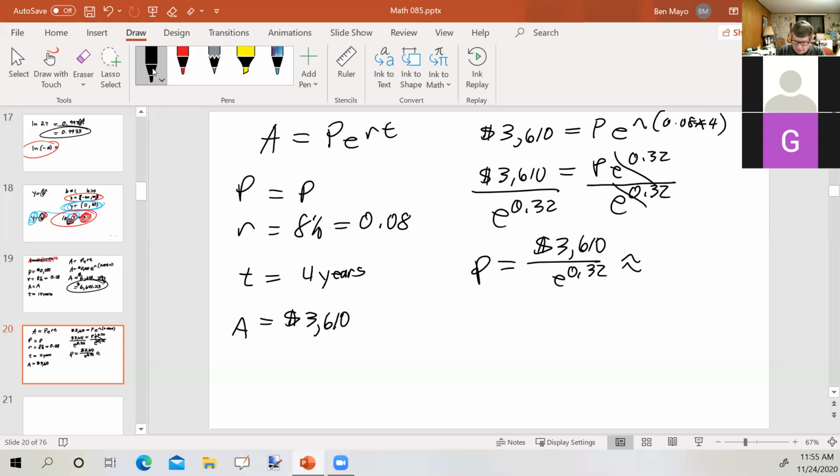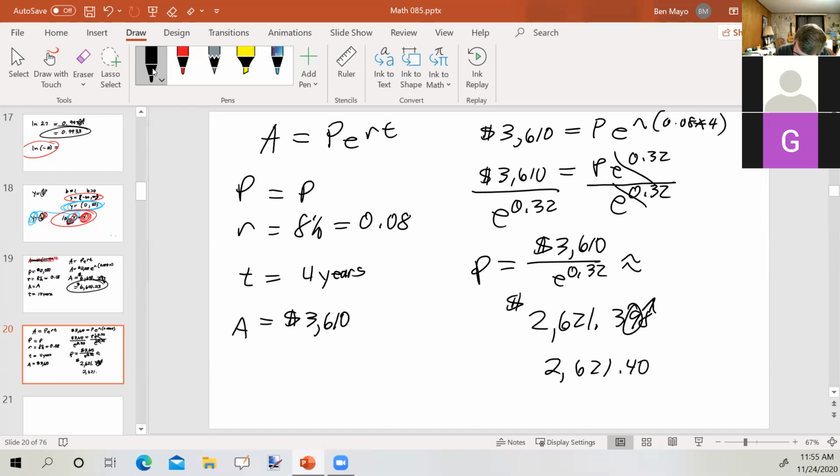So now on the calculator, 3610 divided by e to the 0.32 power, and I get 2621.398, which is going to be money. Rounding to the nearest cent, the 8 would round up.